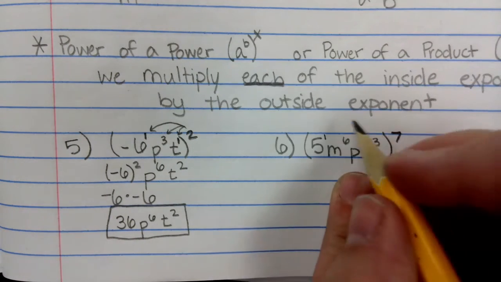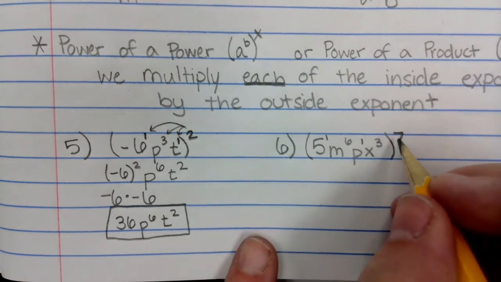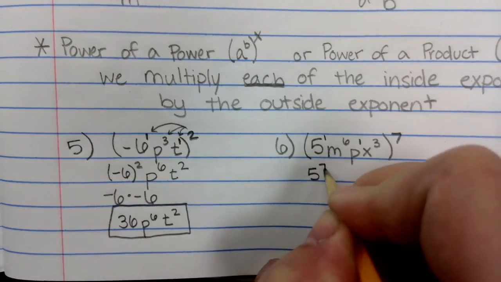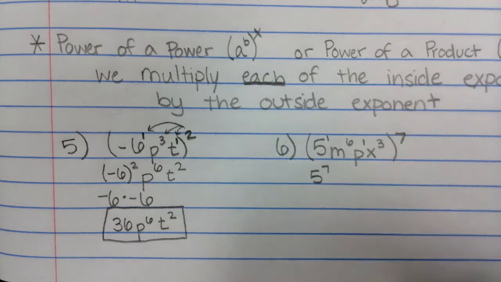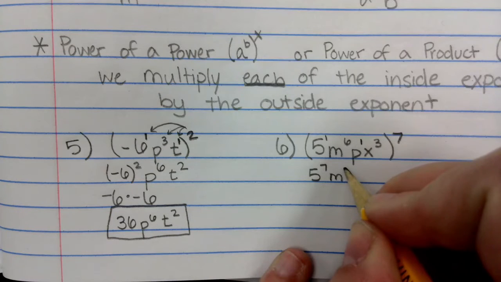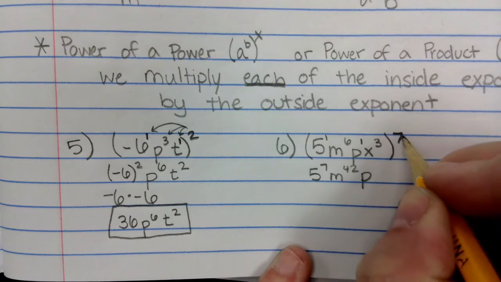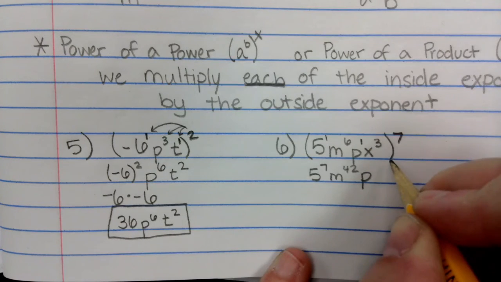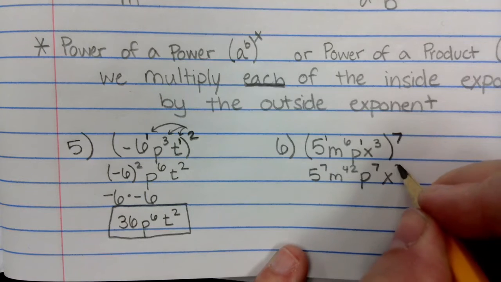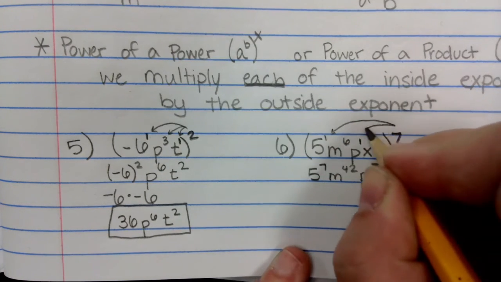P. So what is 7 times 1? 7. 7 times 6. 7 times 1. And 3 times 7. 21. So we're taking that 7 and we're giving it to each part.